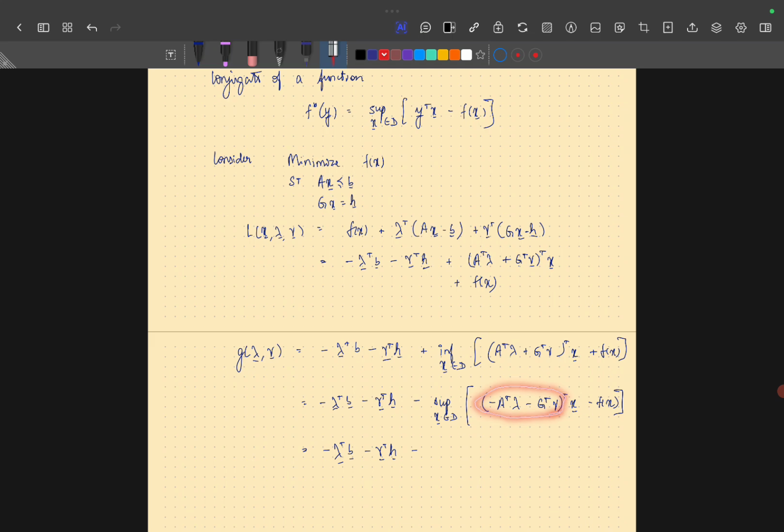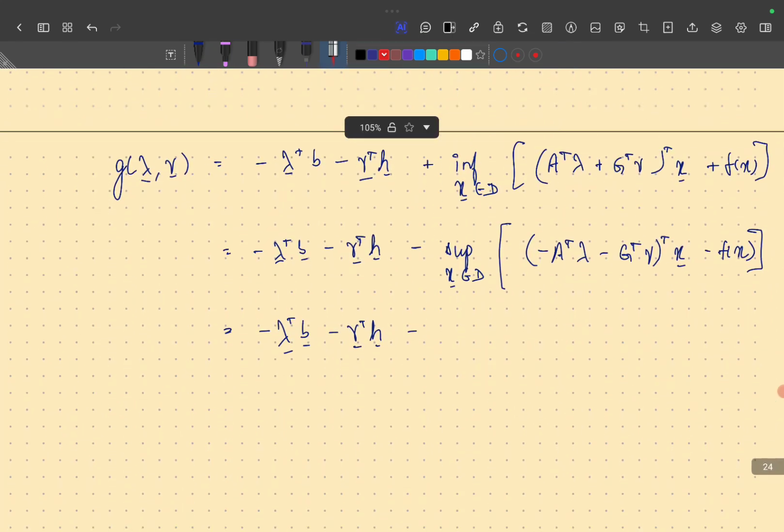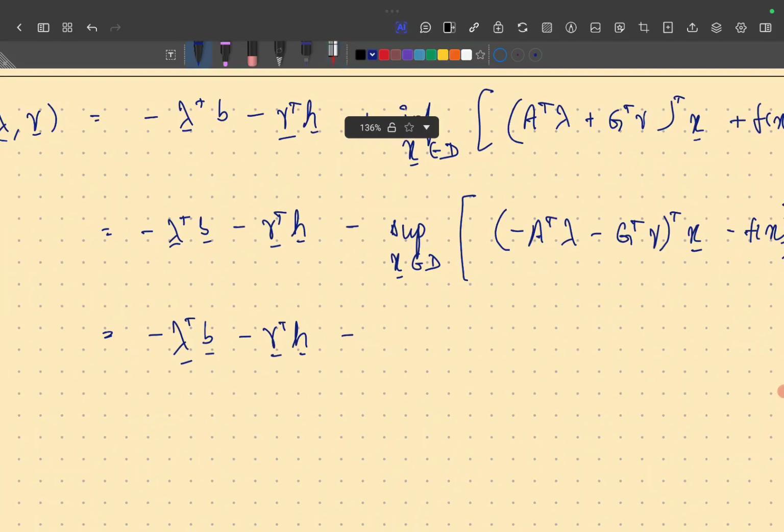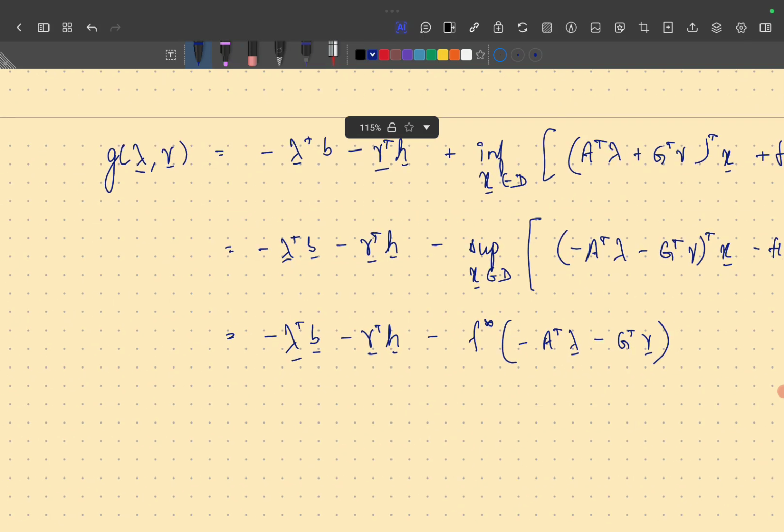Correct. It is just f star of minus A transpose lambda minus G transpose nu. And so if you can find the conjugate, then you can also very easily find the dual of any affine constrained optimization problem.